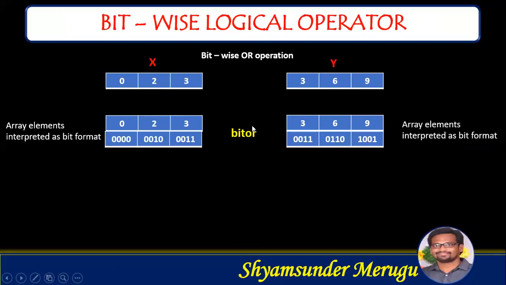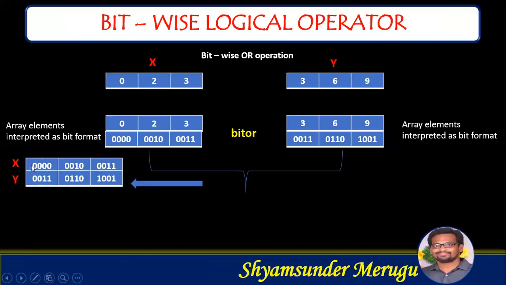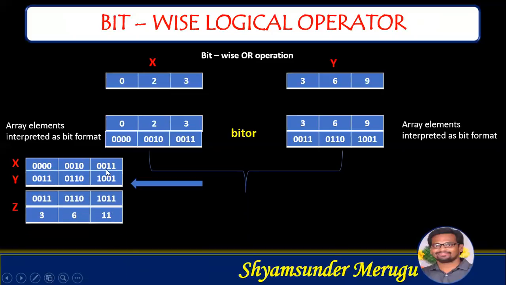Now we apply the bitor operation. That means we are going to apply the OR operation between the bits of the x variable as well as the y variable. The corresponding bit values of the elements of x and y will be operated on.